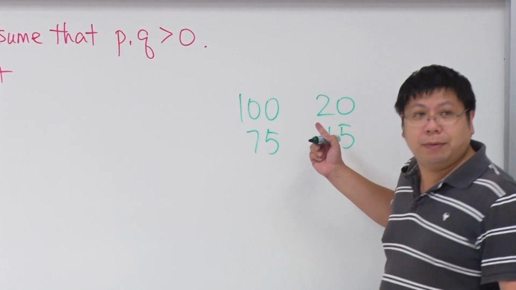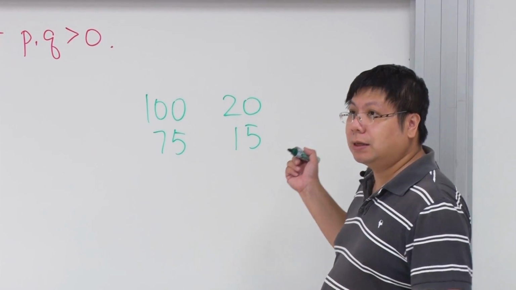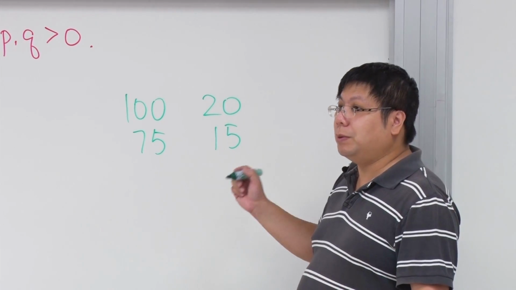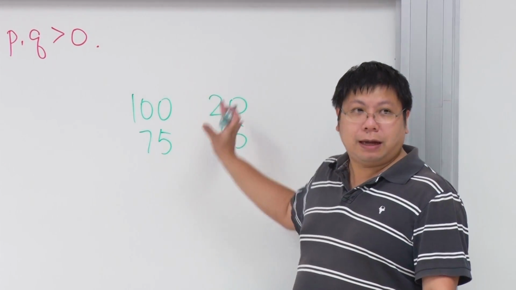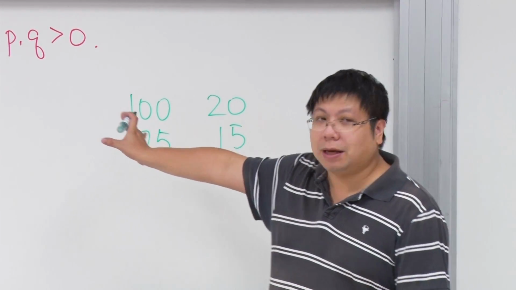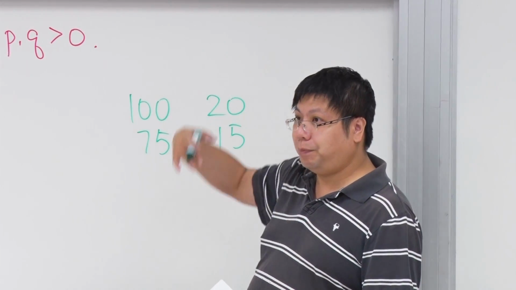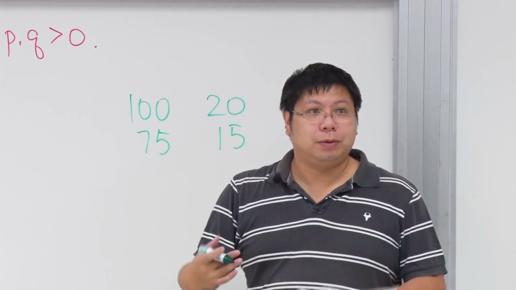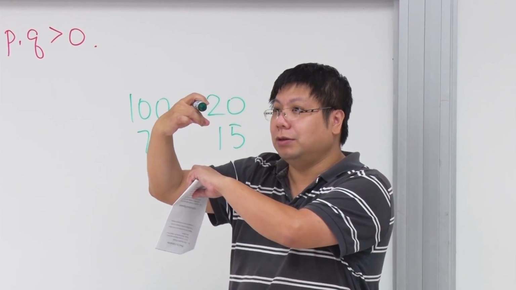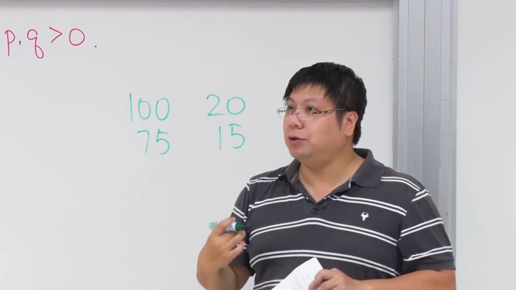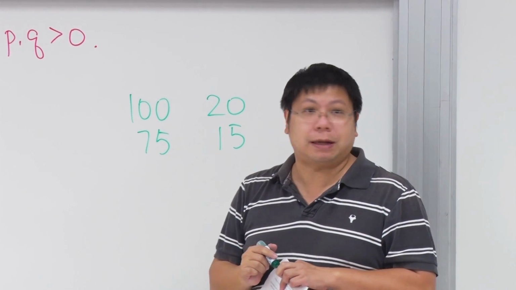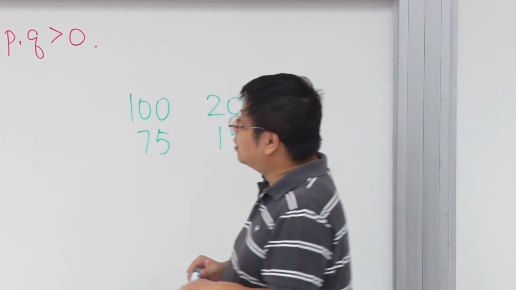And then there is still a common factor, so we can still divide by the common factor. So we will be able to divide both p and q by the greatest common divisor, so that we remain at the same ratio, but the new p and the new q will not have any common factor. Does that make sense?